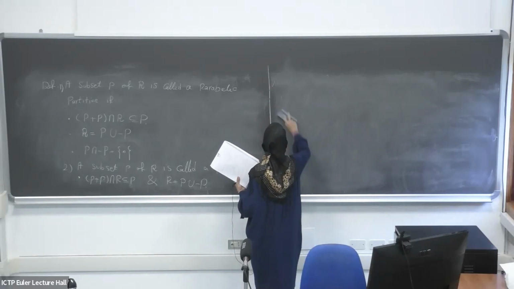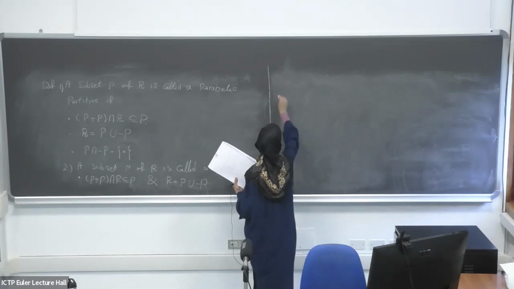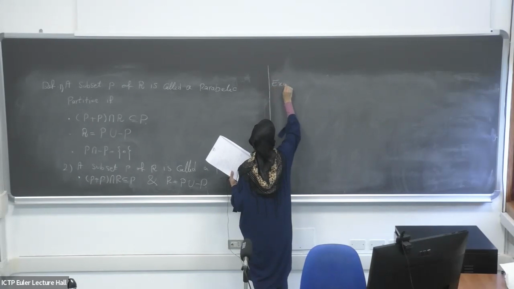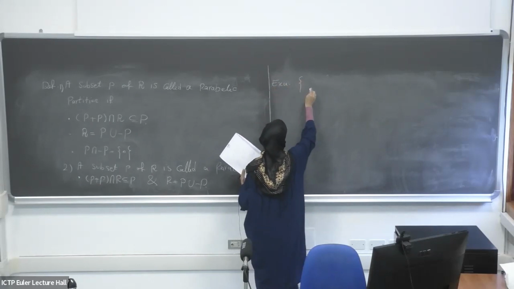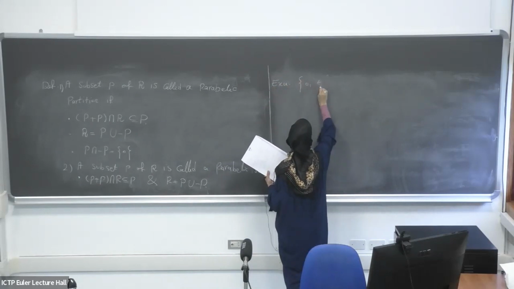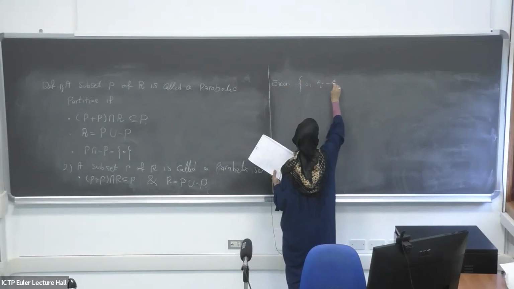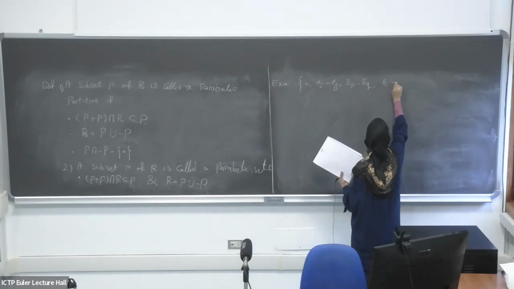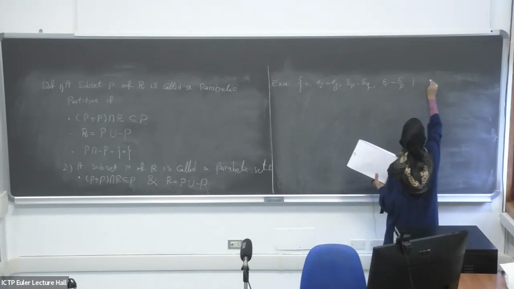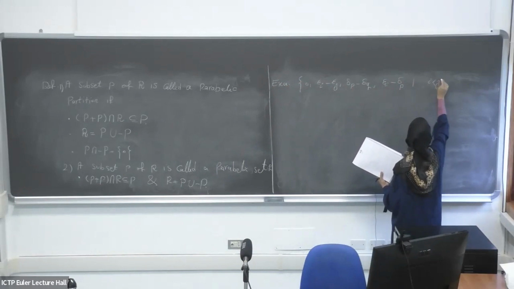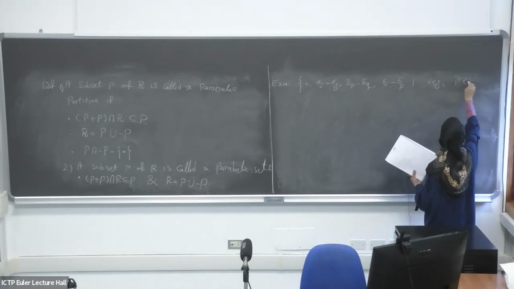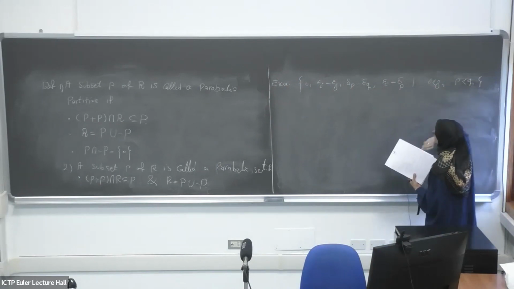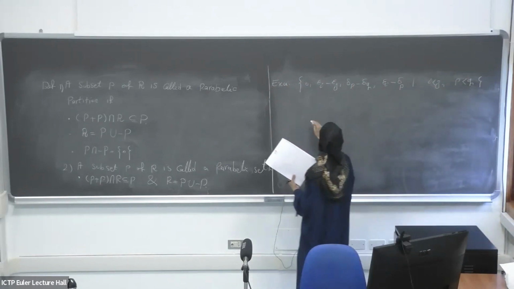For example, the set 0, epsilon i minus epsilon j, delta p minus delta q, epsilon i minus delta p, when i is less than j and p is less than q, is a parabolic partition.